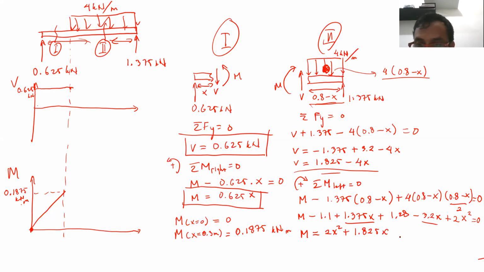Then the last one will be the constant. The constant will be this and this. So 1.1 minus 1.28 minus 0.18. So this is your equation for the moment.